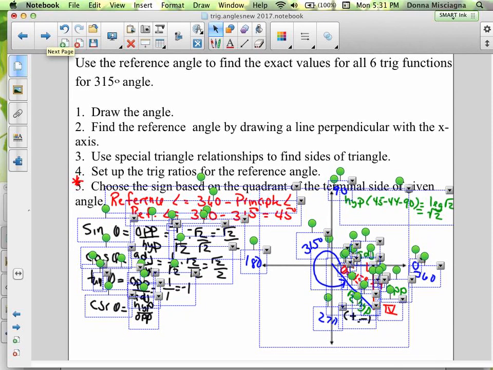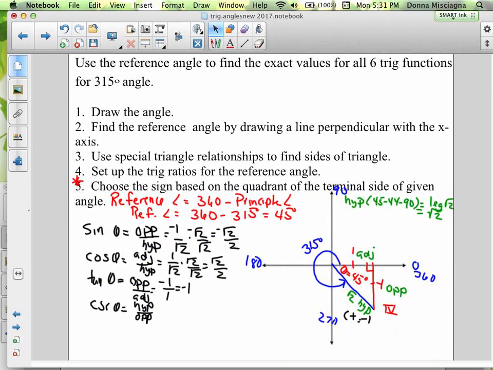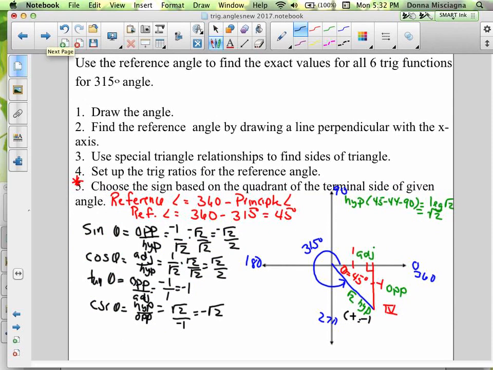Okay, there. All right, so cosecant theta is hypotenuse over opposite. The hypotenuse is the square root of 2. The opposite side is -1, so that's going to be negative square root of 2. All right? Or we can remember that they're all going to be negative in the fourth quadrant except for cosine and secant.